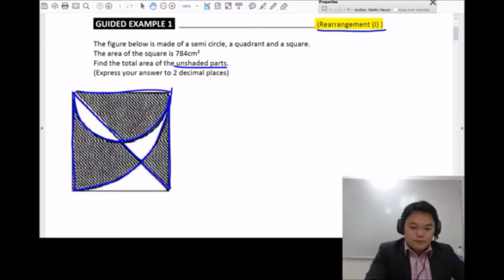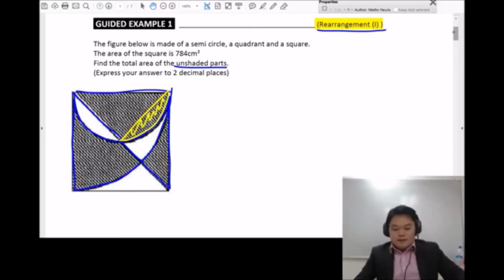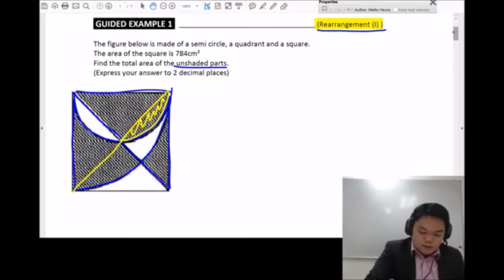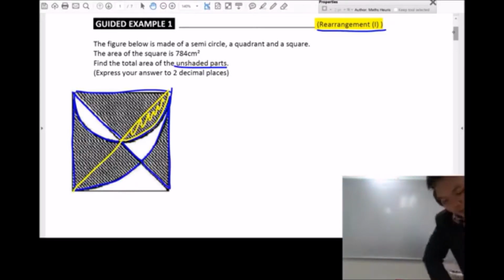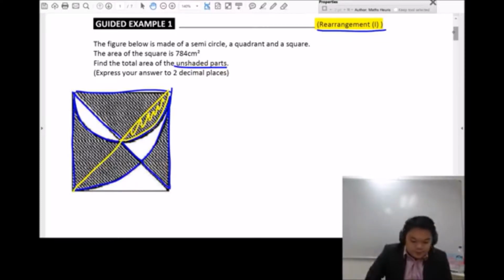Maybe I'll use yellow here, because I think yellow works well against a dark background.